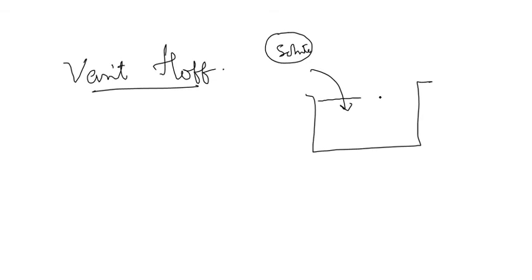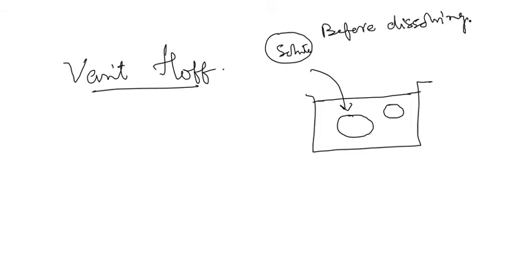He studied the particles that were added as solute, and after adding them in the solution, whether the number of those particles has remained the same, increased, or decreased. So this is before dissolving, and this is after dissolving.